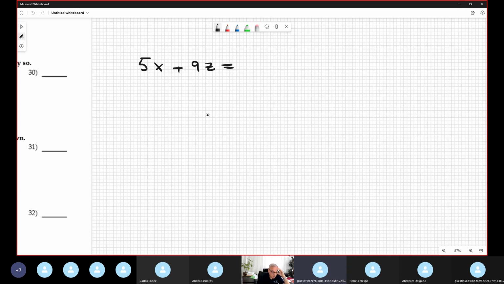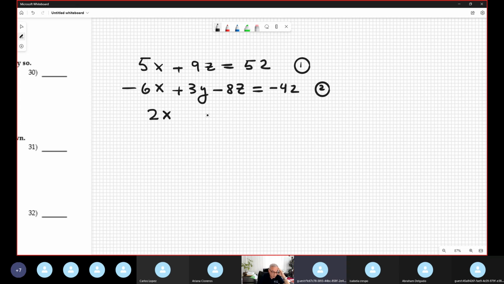Okay, this is my first equation, equal to 52. My second equation is minus 6x plus 3y minus 8z equal to -42. Equation 2. And this last equation is 2x minus 6y equal to -40.